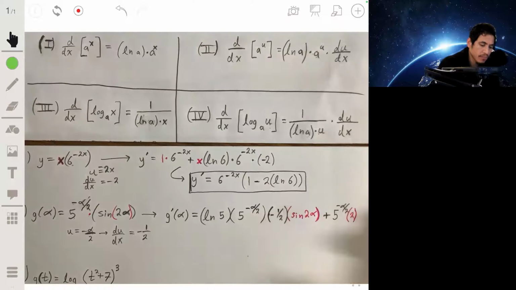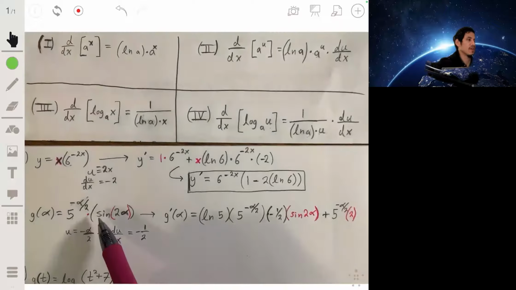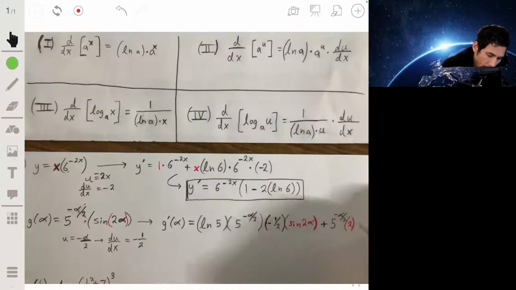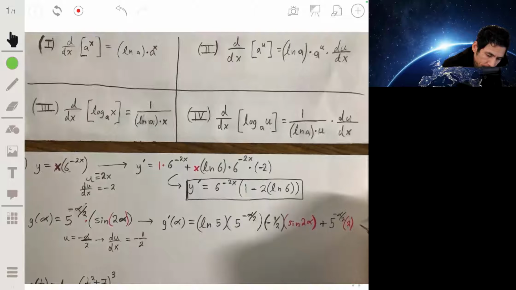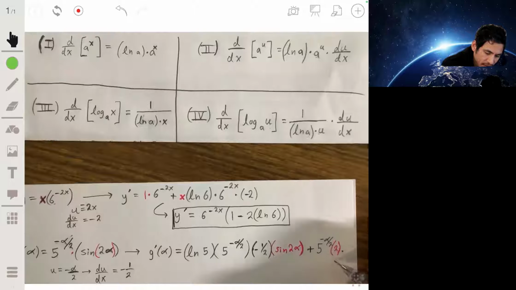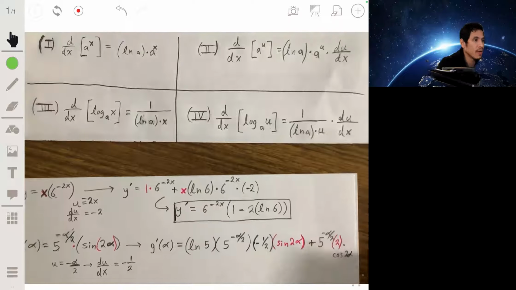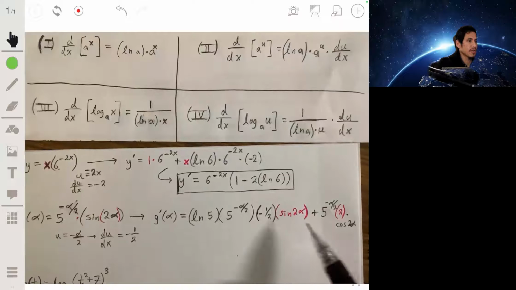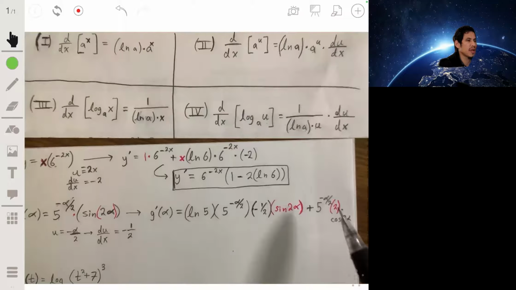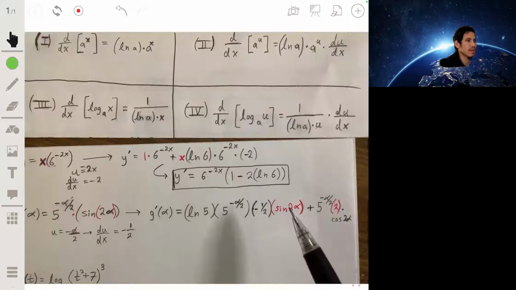So times 2 times the derivative of the sine function, which is the cosine function, so times the cosine of 2 alpha. I don't know if I can fit it in. I hate squeezing stuff in like that, but there's really not much you can do to clean this up.